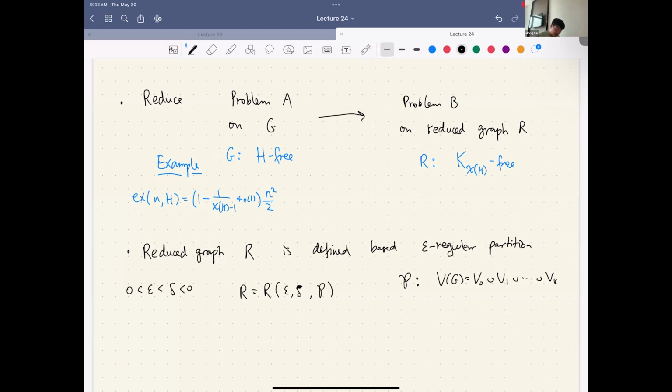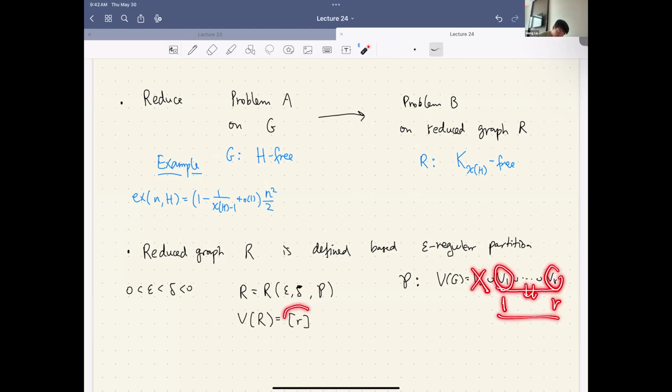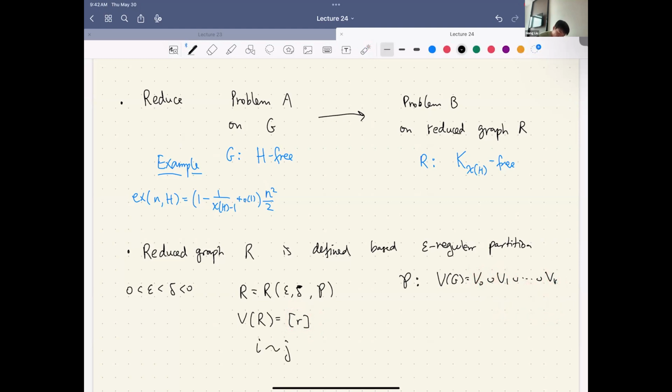To be precise, this is the graph where V of R, we don't care about V0, and you shrink each part to a vertex. Let's just call them 1 through R. So we have vertex set the first R integers, and I is adjacent to J if and only if the corresponding pair of parts is epsilon regular.